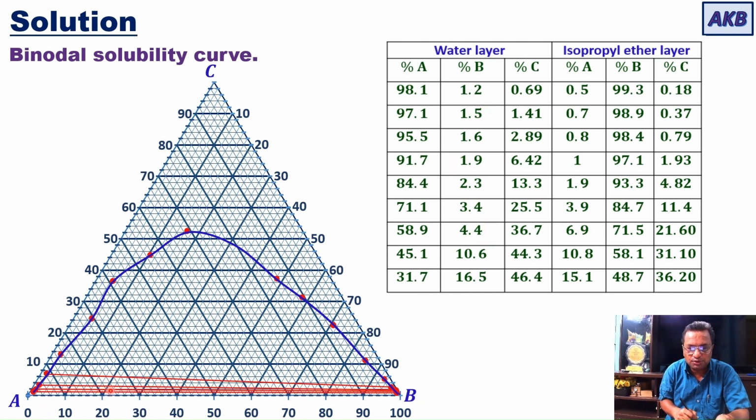So I'm going to draw all those tie lines. Tie lines are connecting equilibrium compositions, the composition in the water rich layer and the composition in the isopropyl ether rich layer. So all these are tie lines.